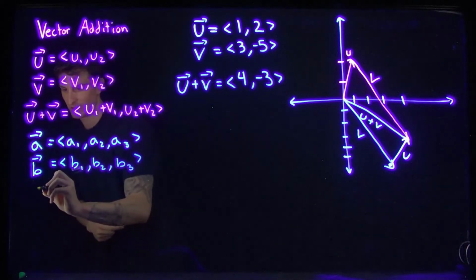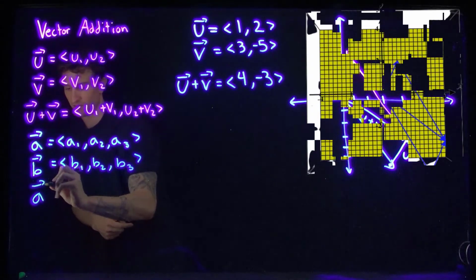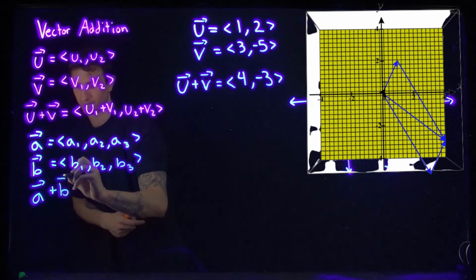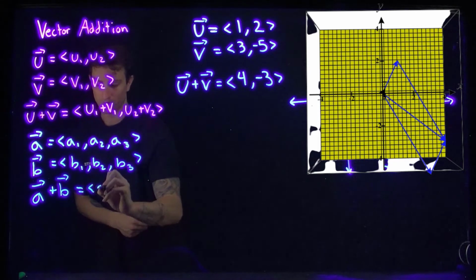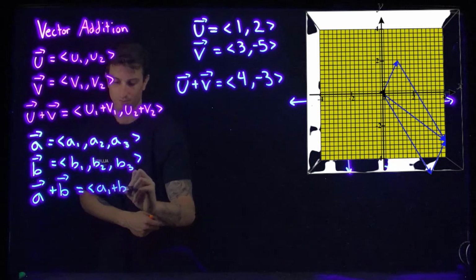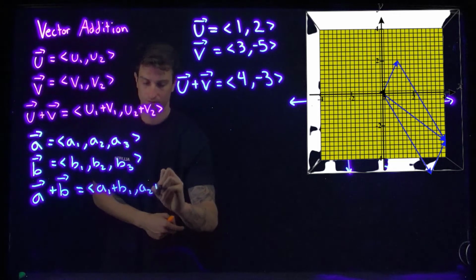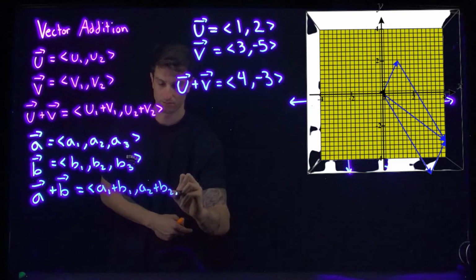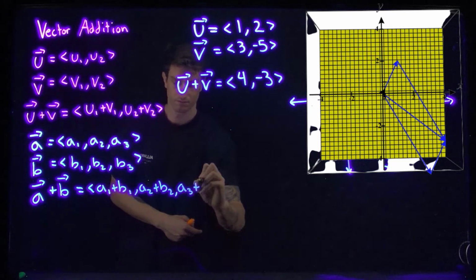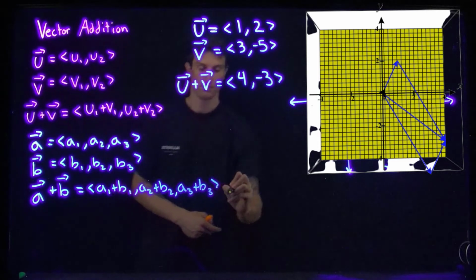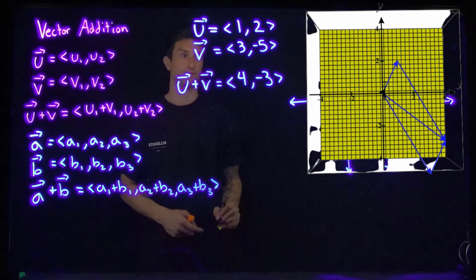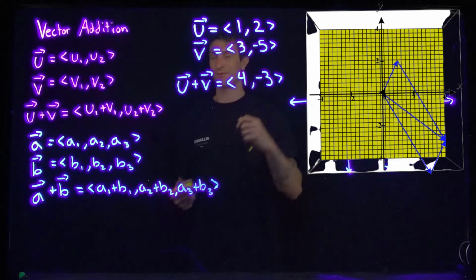If we add these two together, it should be intuitive that we're just adding component-wise. Right, easy enough. Okay, so that is it for vector addition.